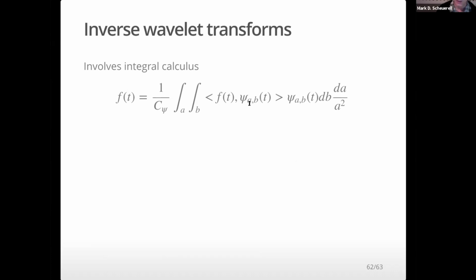Originally I had these in terms of tau and sigma. Now I'm referring to this in terms of A and B. So you have the inner product of some sort of function that we don't really know, and the wavelet. That inner product is then integrated twice, over the dilation and the translation.